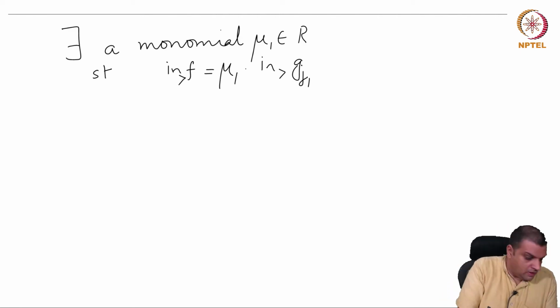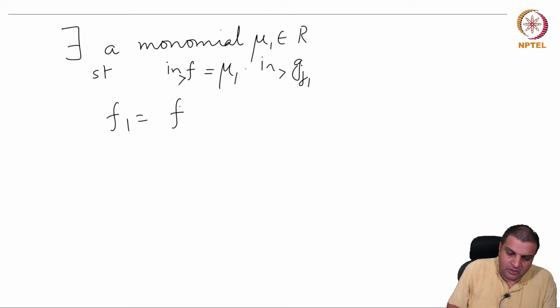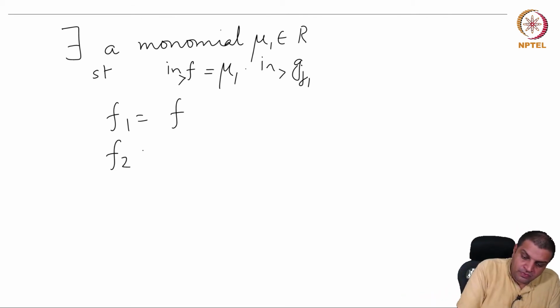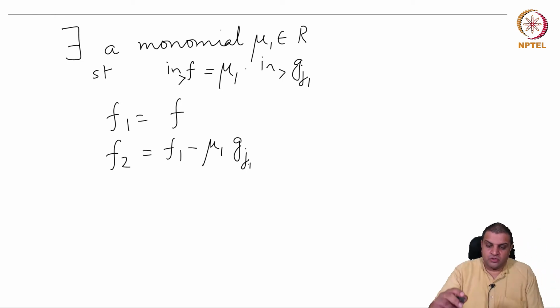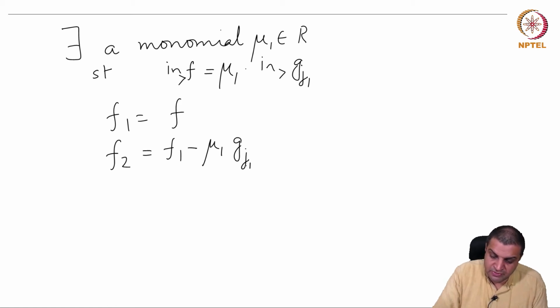Let's define F1 to be F itself. We are going to construct a sequence of polynomials. We define F2 to be F1 minus mu1 times Gj1. Let me restate what we did: we found j1 such that the initial term of Gj1 divides the initial term of F1, and mu1 is the quotient you have to multiply by to get equality. So we just subtracted that from F1.